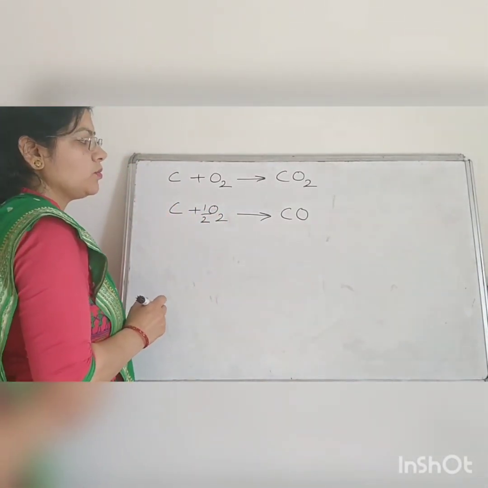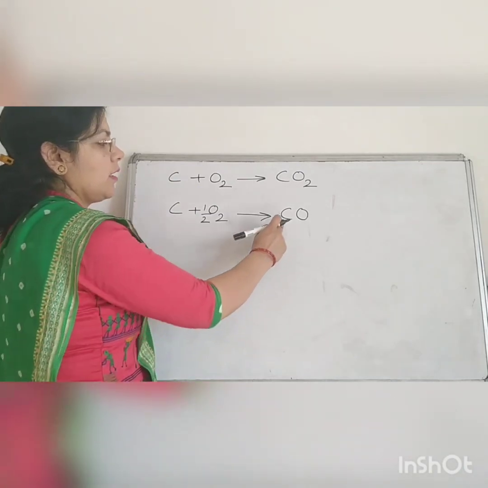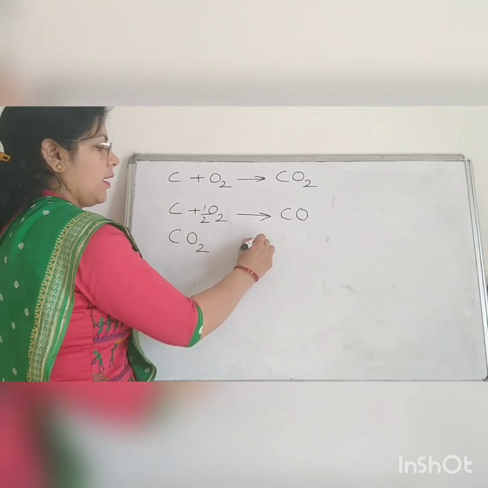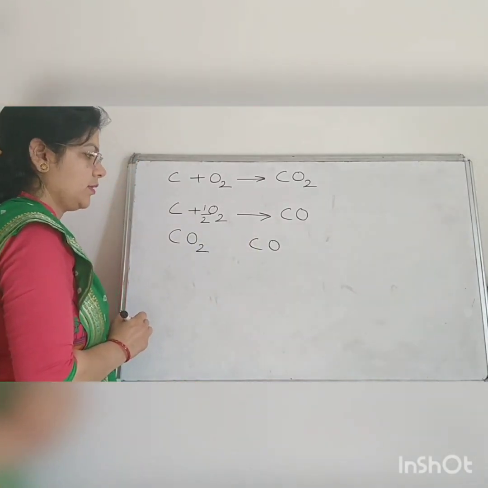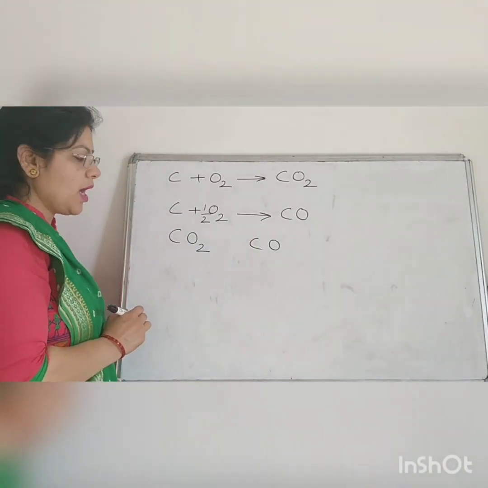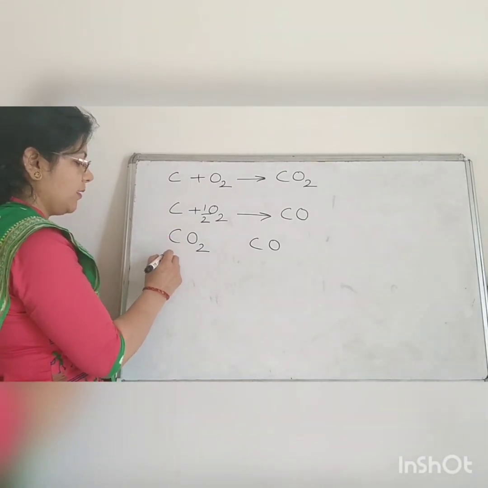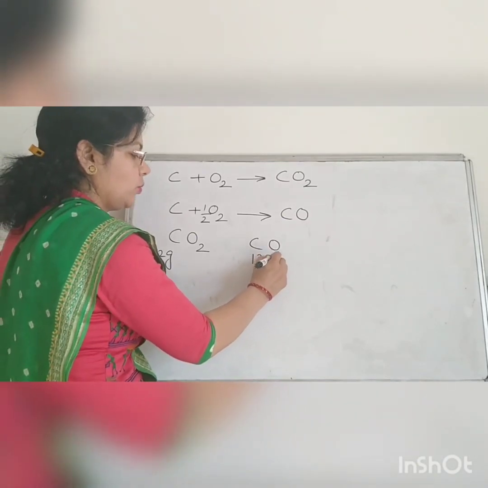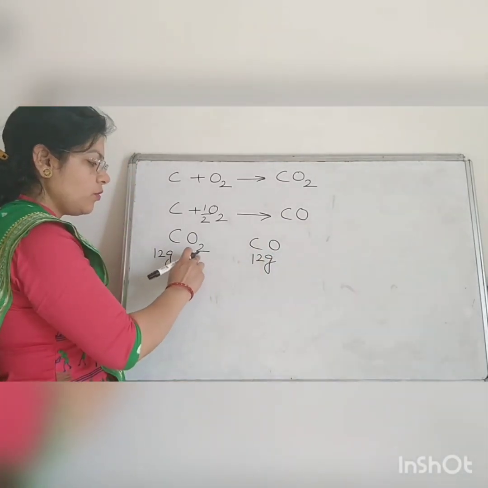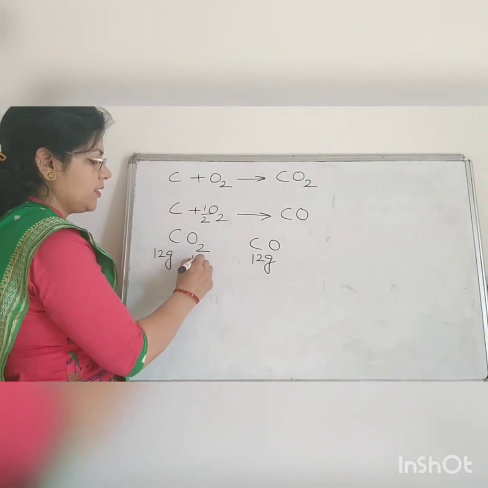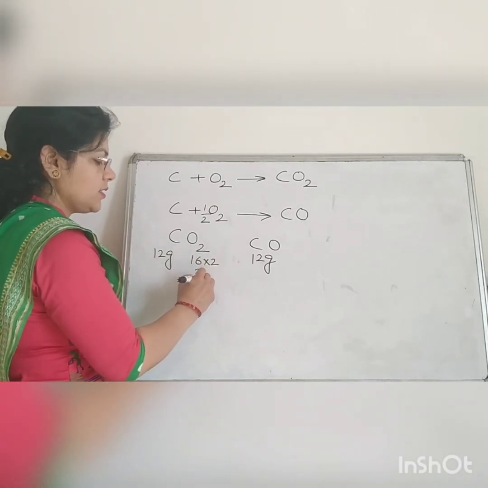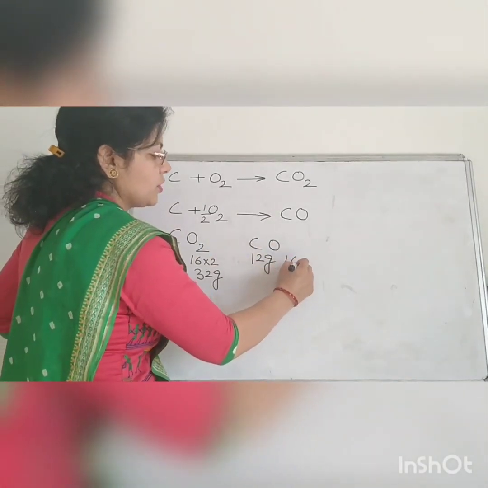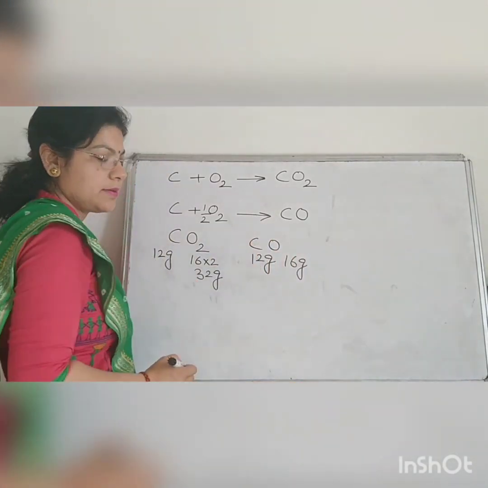There are two compounds of the same elements, that are carbon and oxygen. One is carbon dioxide, another is carbon monoxide. Now fix the mass of carbon, that is 12 grams. Also in this compound 12 grams. And the mass of oxygen in carbon dioxide is 16 into 2, that is 32 grams. And in this compound the mass of oxygen is 16 grams.